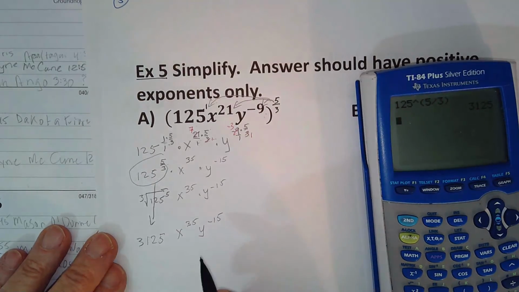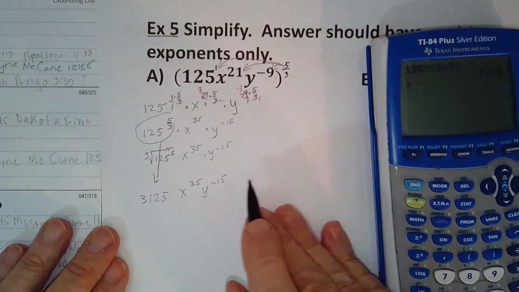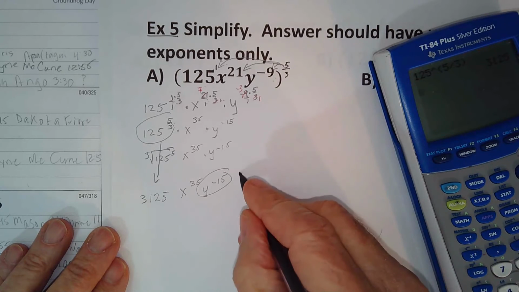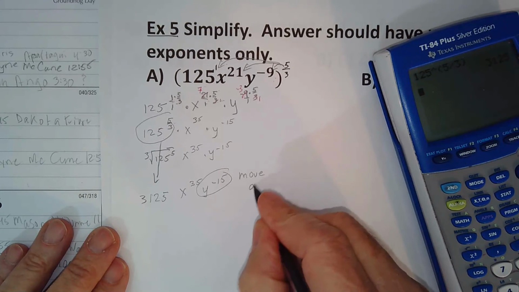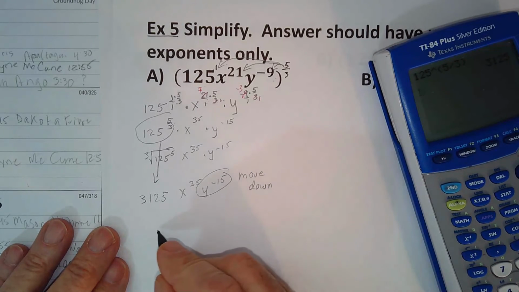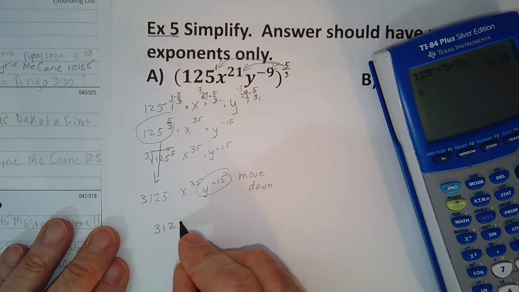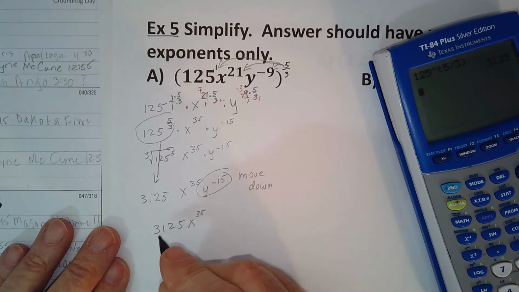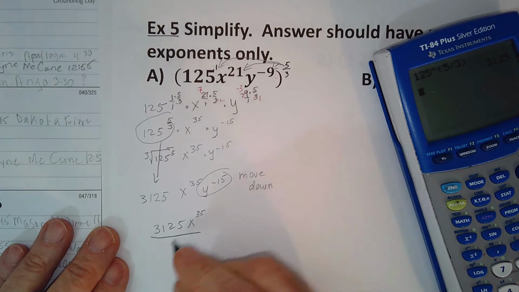Now, what do I do with the negative? The negative, you just move it down. What do I mean by moving down? This is what I mean. I put 3,125 x to the 35 in the numerator of a fraction, and y to the 15 goes in the denominator.